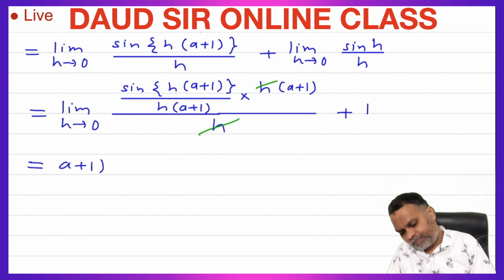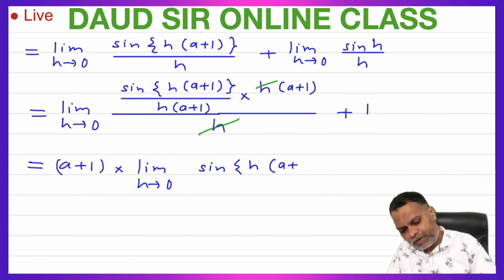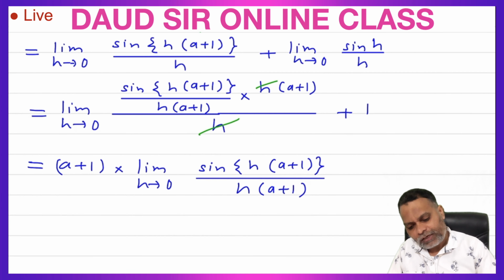A plus 1 into limit h tends to 0 of sin h into a plus 1 upon h into a plus 1, plus 1.